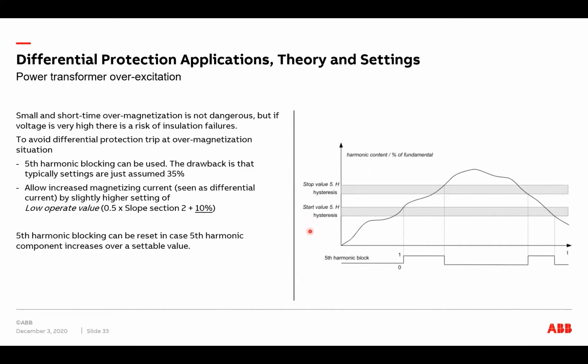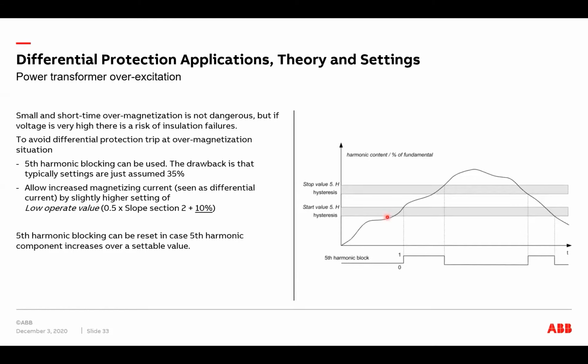And in case there's a high over voltage, which will then lead to a higher overmagnetization of the power transformer, the content of the fifth harmonic will then also increase.